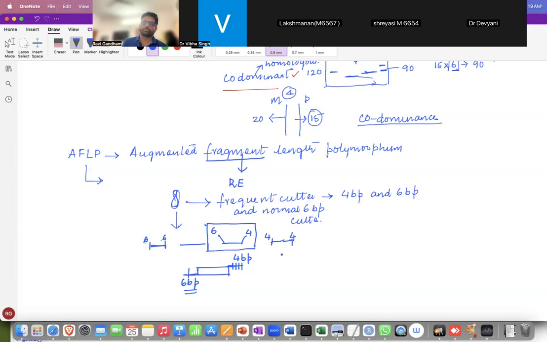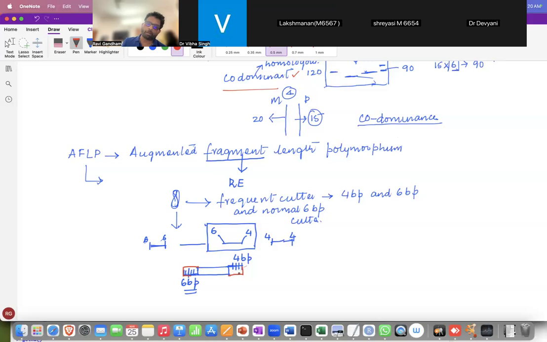Now what happens? You attach adapters to both the sides, which are complementary to these sides. Adapters will go and bind here, and adapters will go and bind here. Adapters are double-stranded molecules which have complementarity with these regions that are left as overhangs on both the sides.